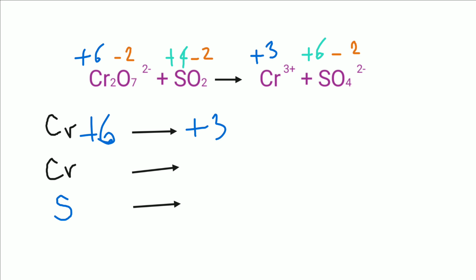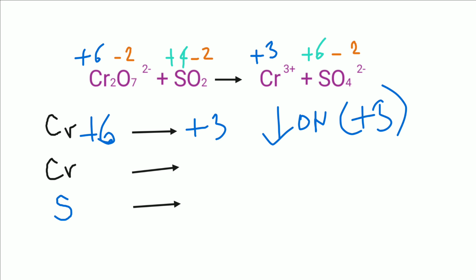Therefore, what change takes place? A decrease in oxidation number takes place. How many times? That is plus 3 times.